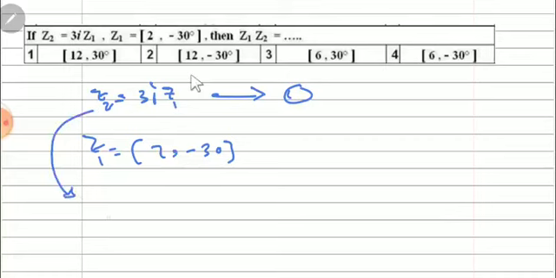So Z2, sorry, let us edit this. So Z2 equals 3i multiplied by Z1. Who's Z1? This is Z1, so 2 and negative 30.